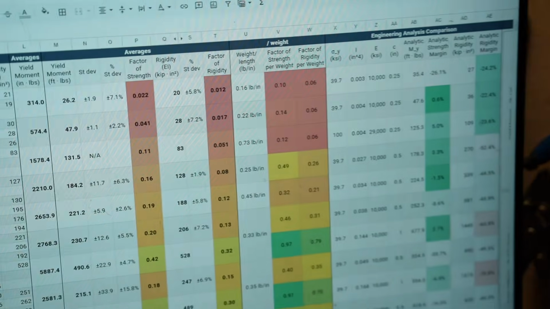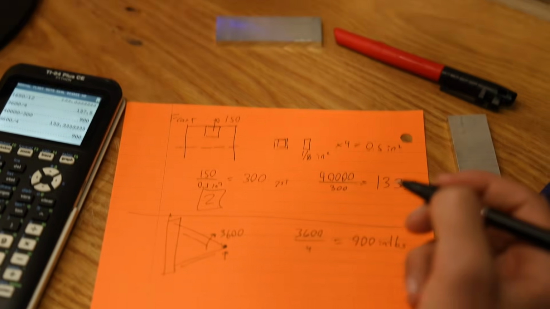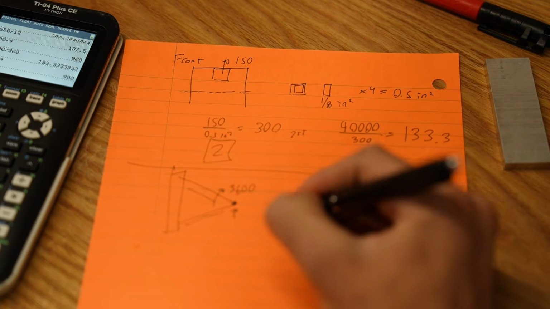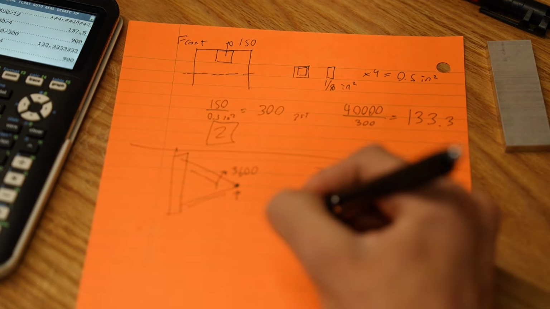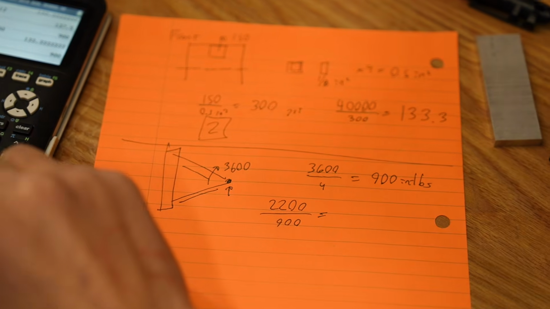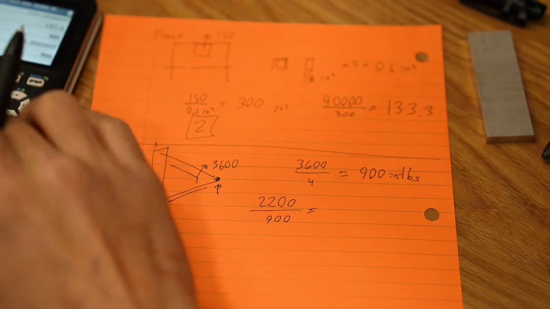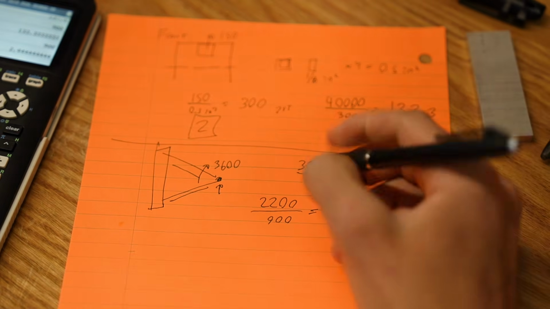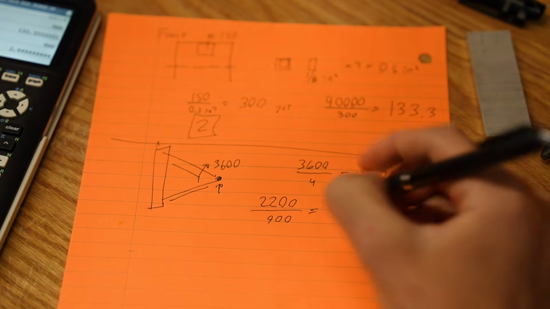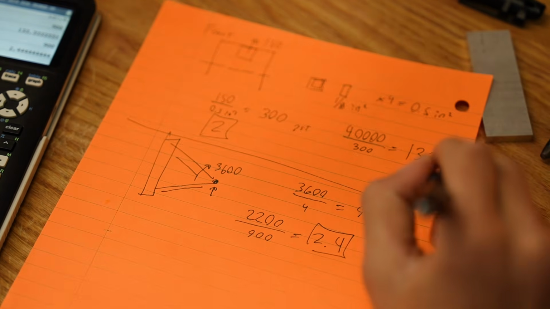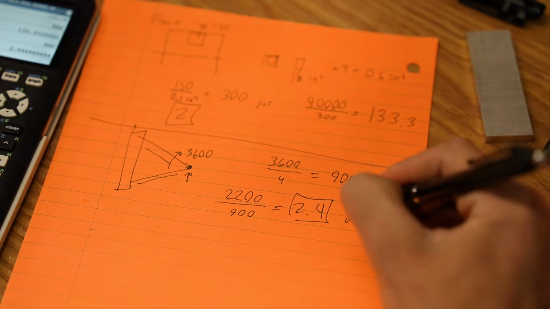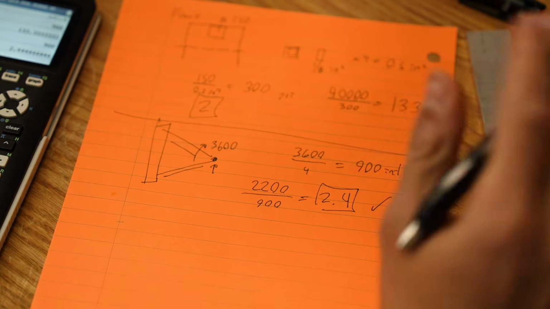So to calculate a factor of safety for that, we take 2,200 inch-pounds divided by 900, and we get 2.4 as our factor of safety. So that validates our superstructure design at the high level.